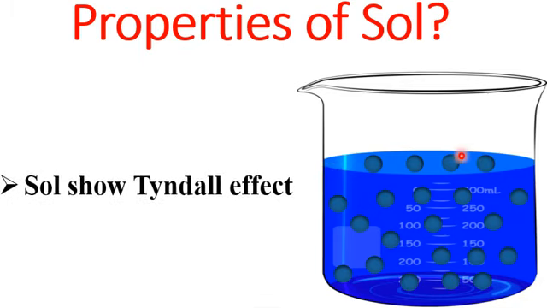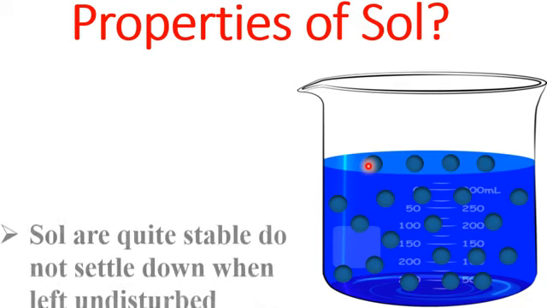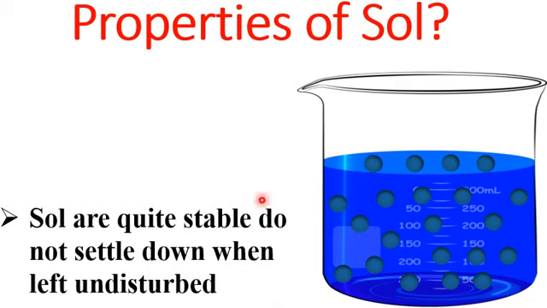Sols show the Tyndall effect. If light is passed through the sol, the light is scattered by the solid phase of the sol. They basically follow the Rayleigh scattering law. Sols are quite stable, they do not settle when left undisturbed.